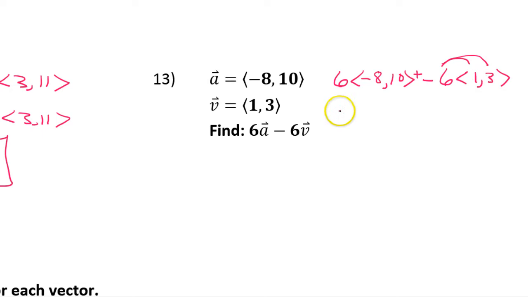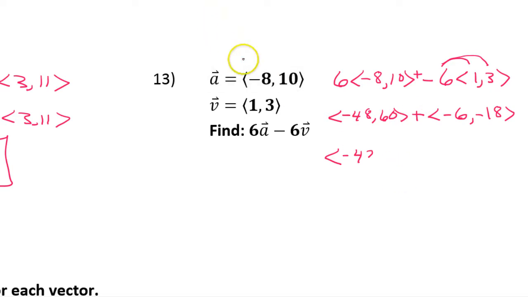So multiplying by 6 gives me negative 48 comma 60 plus, there's that plus that I put, and now I'm multiplying by negative 6, not positive 6, so I will get negative 6 comma negative 18. So this will give me negative 40, whoops, almost messed it up.